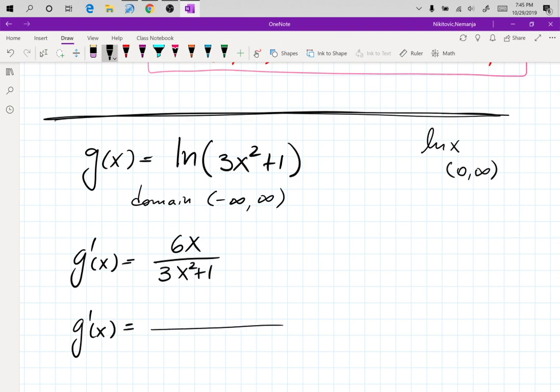Let's go with the quotient rule. We can use logarithmic as well. So square the denominator, and then we have 3x squared plus 1 times 6 minus 6x over another 6x.